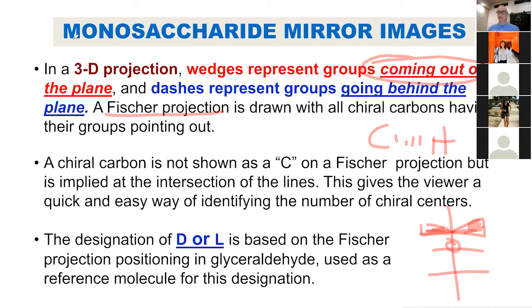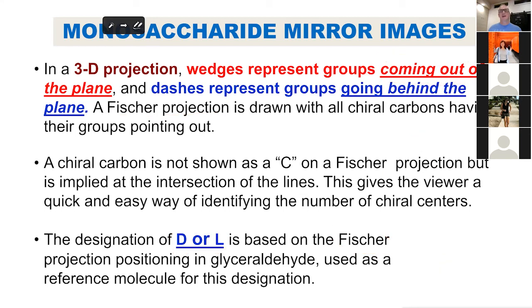That represents a carbon, with the two groups attached to the carbon on either side. And then the designation of D or L is based on this Fischer projection. When we draw a Fischer projection, we'll be able to tell whether the monosaccharide is a D or an L. And that's really important for biology, because we digest the D form and we do not digest the L form, only the D. D for digest. It's not actually what it means.